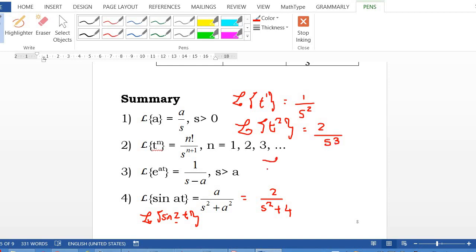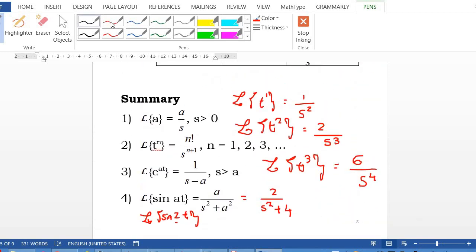Okay, the Laplace transform for t cubed: 3 factorial is 6, divided by s to the power of 3 plus 1, s to the power of 4.